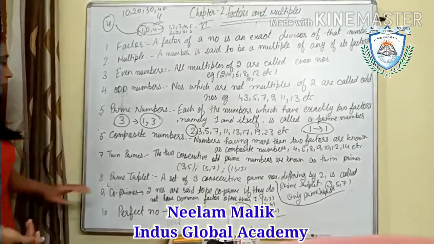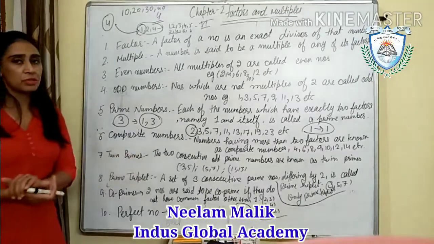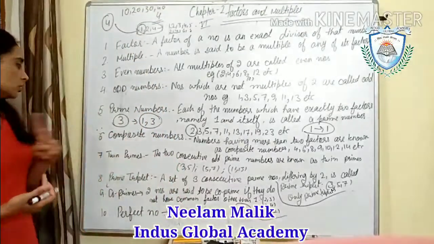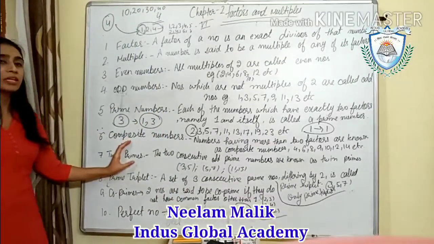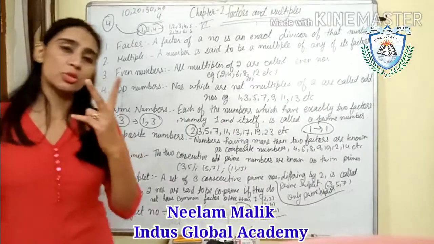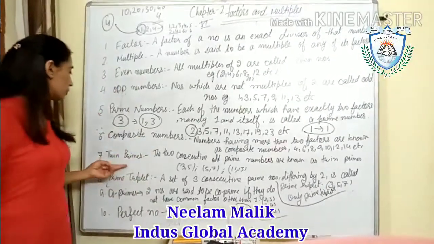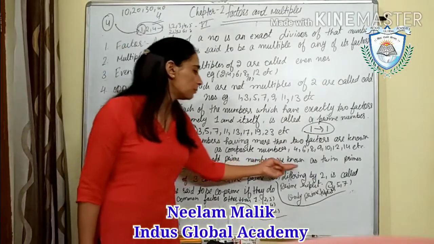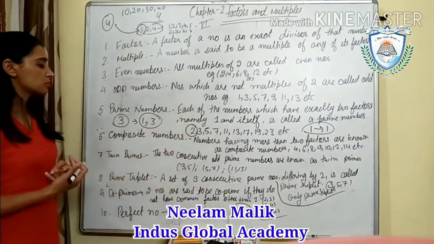Okay. Now the twin primes. Twin means twins. Twin primes means we are talking about prime numbers. Twin means 2. So what are the twin primes? Two consecutive odd prime numbers are known as twin primes.